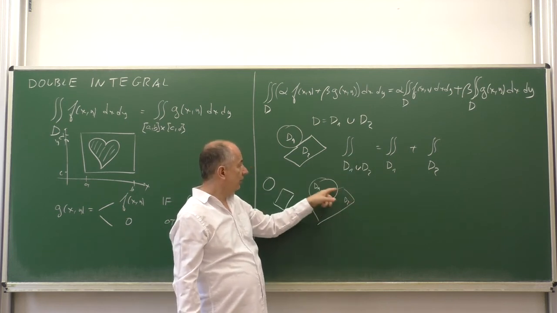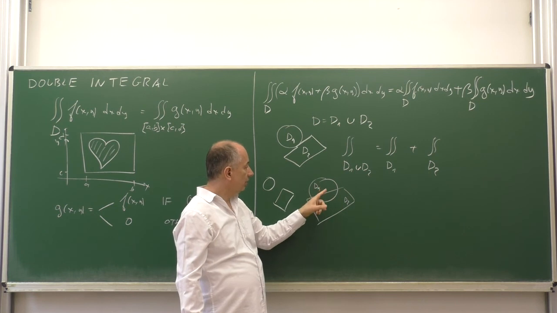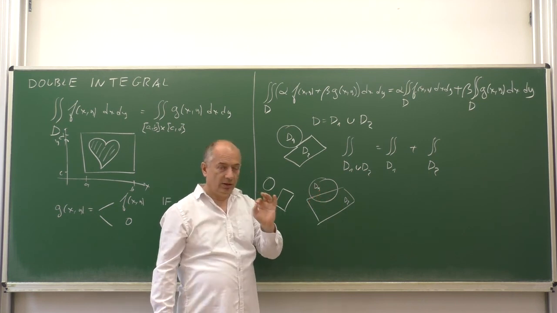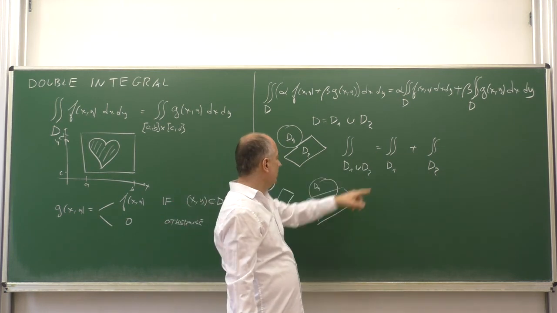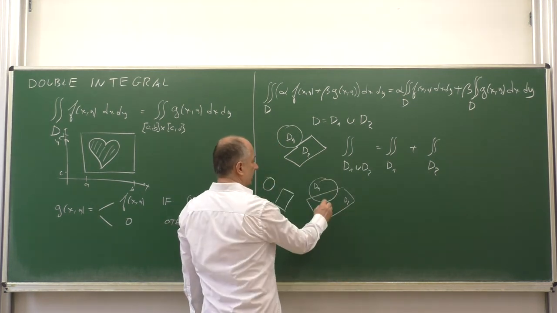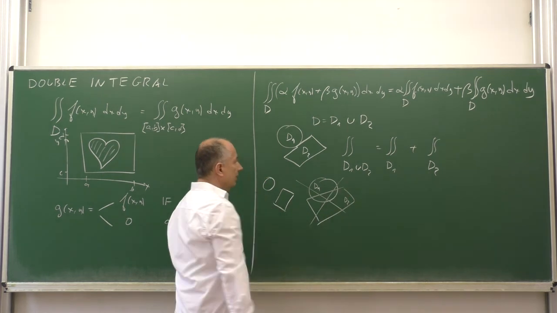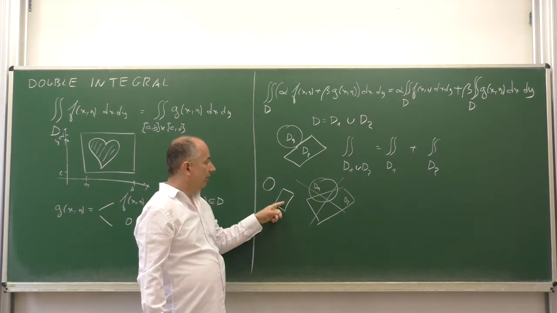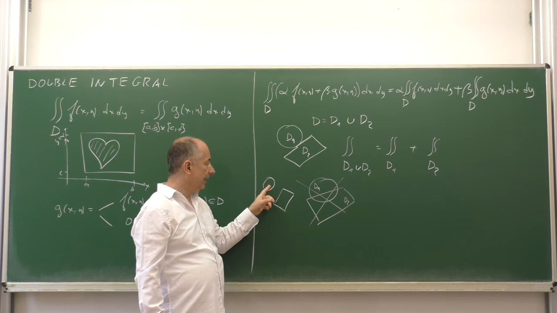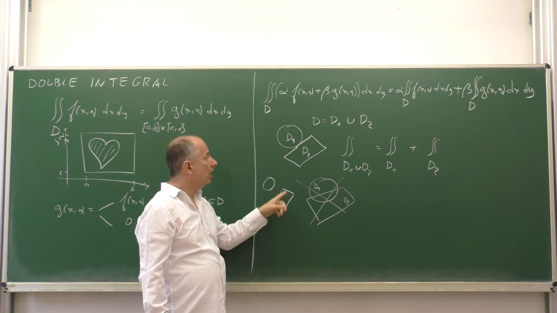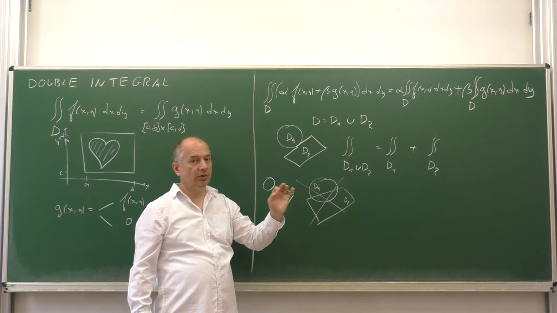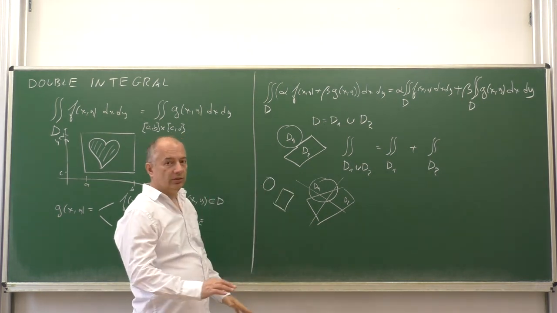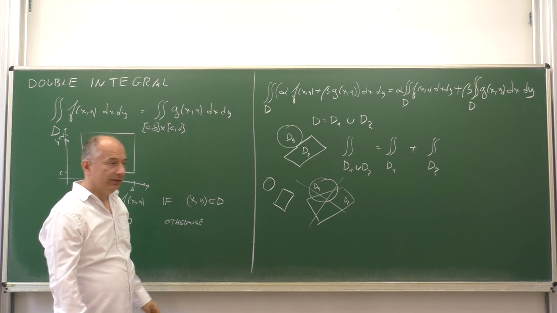While integrating over the domain would consider only these three parts, each just once. So for this, it is important that this does not occur. The two sets, D1, D2, may be either completely disjoint, that means empty intersection, or the intersection may be just one point, or a finite number of points, or one curve, but not some fat region.